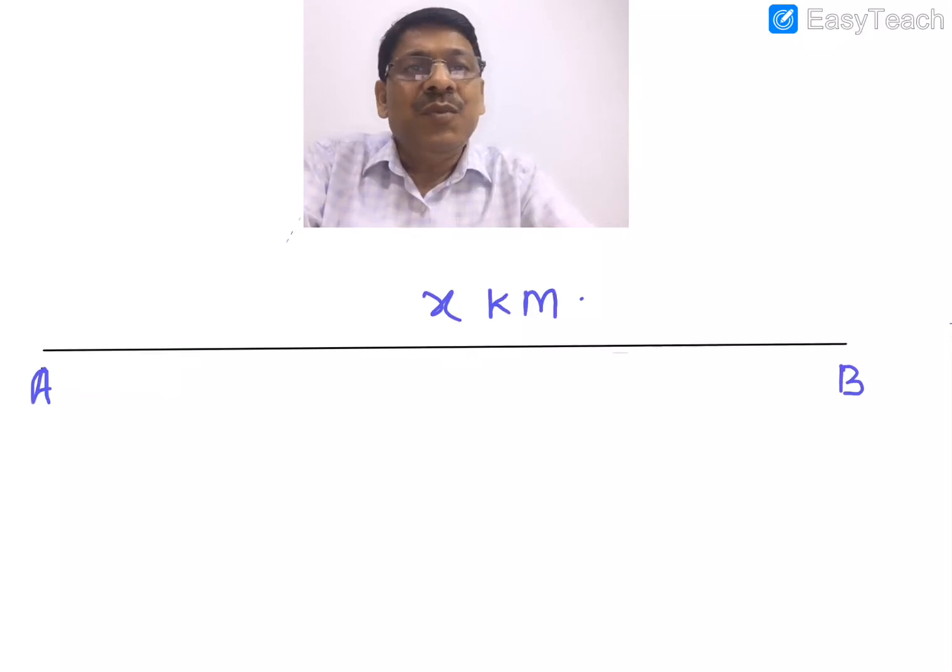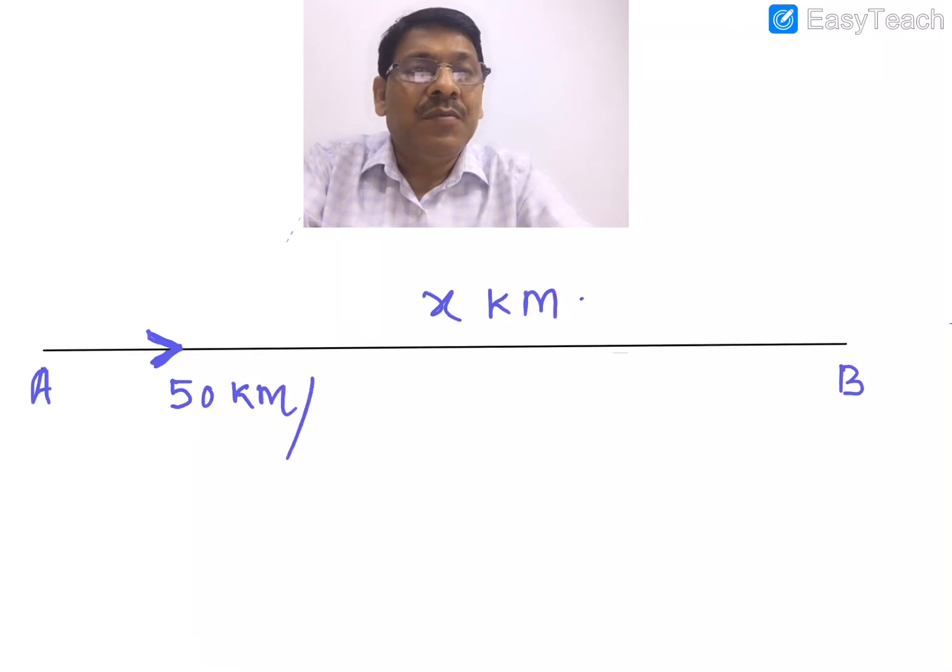A car is moving from A to B with the speed 50 kilometer per hour.